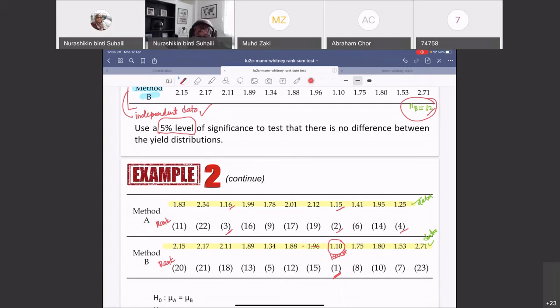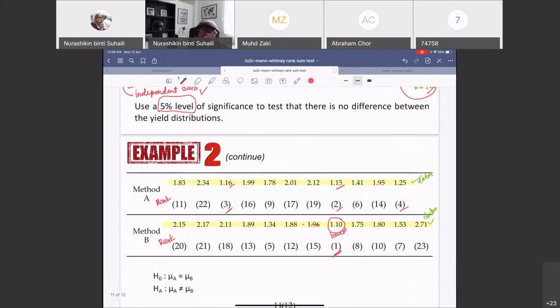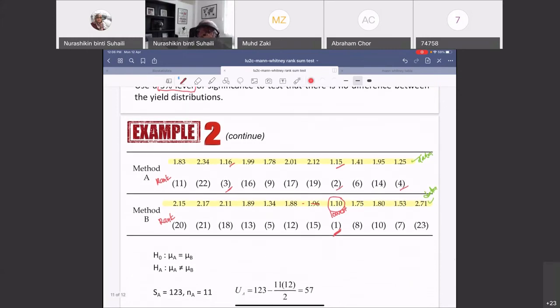There are no tied ranks, because all are not similar. Okay, understand how to rank? Combine the samples, rank it from the lowest to the highest. That's how you got this, the one in the bracket here.